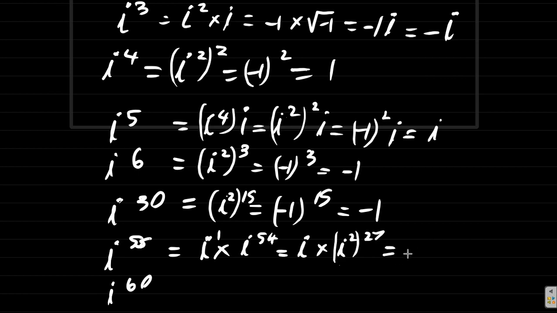So what you have is i multiplied by (-1) to the power of 27. A negative 1 to an odd power is negative, so it's i times negative 1, which is negative i.